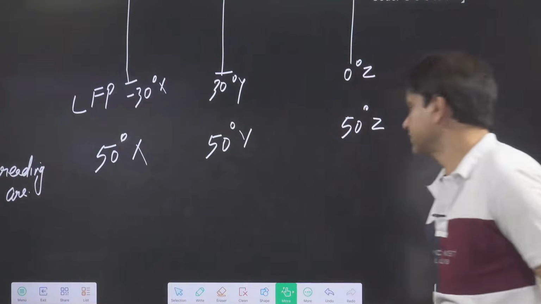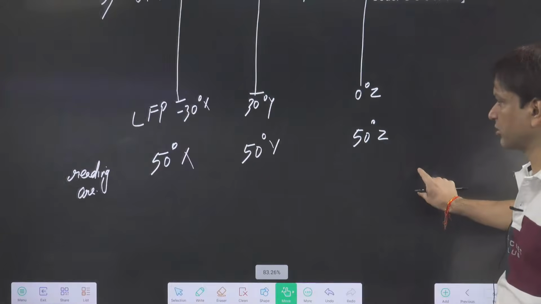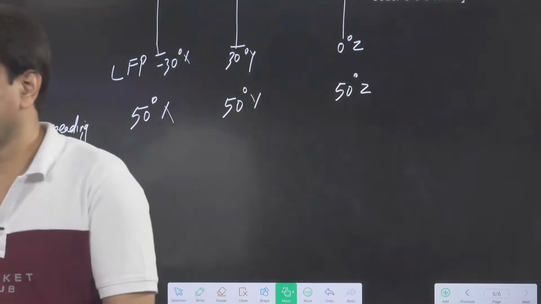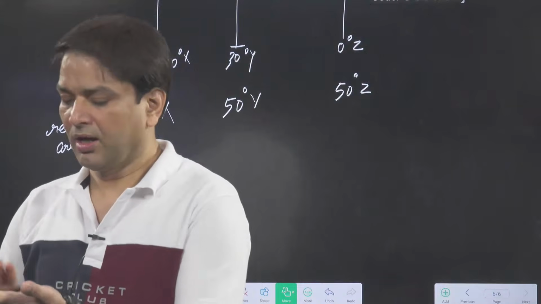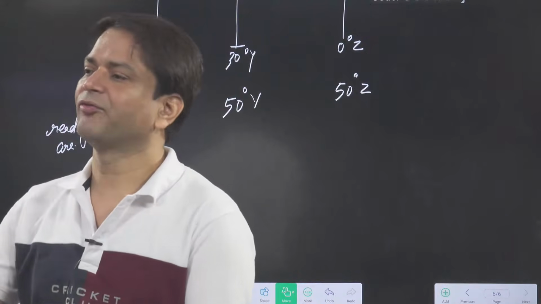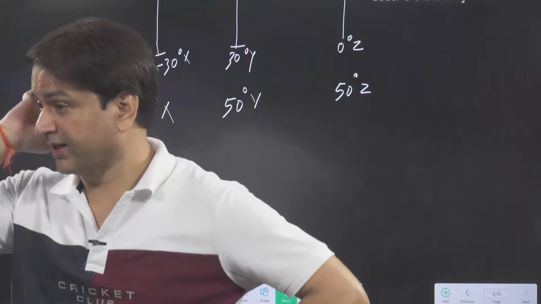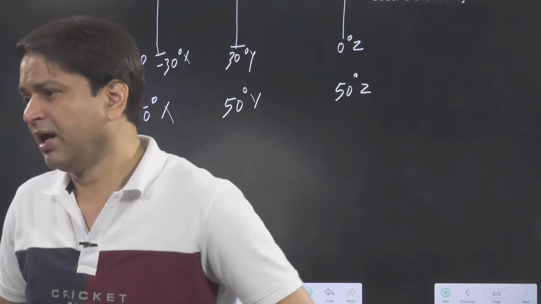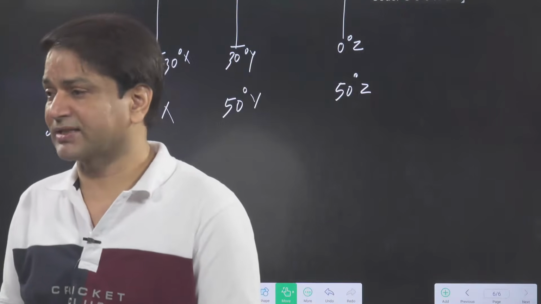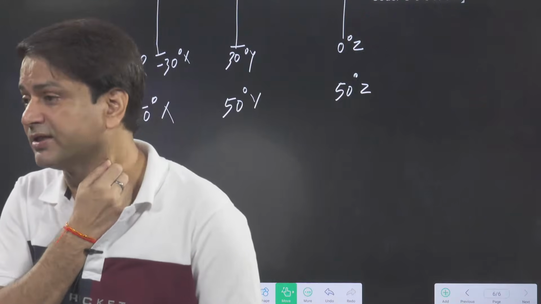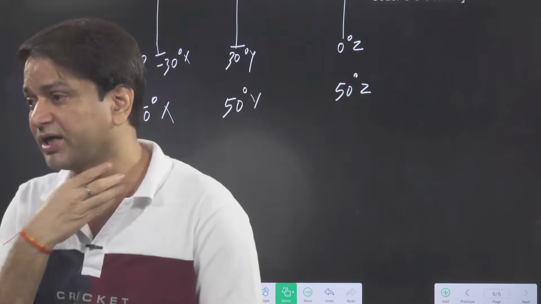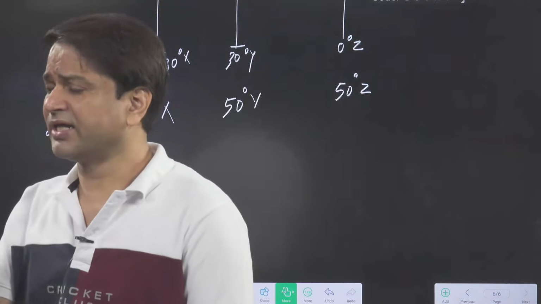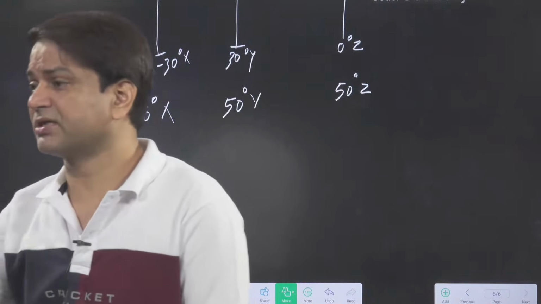Now there are two ways we can do this question. To compare temperatures, suppose I have the temperatures 100 degree C, 50 degree C, 20 degree C. If I ask which temperature is maximum, everybody will say 100 degree C. Which is minimum? 20 degree C. So if all the temperatures are in the same scale, then directly I can compare which is more and which is less.